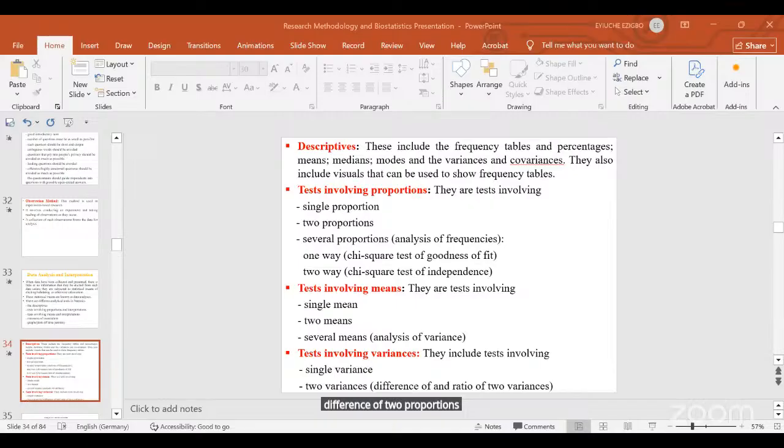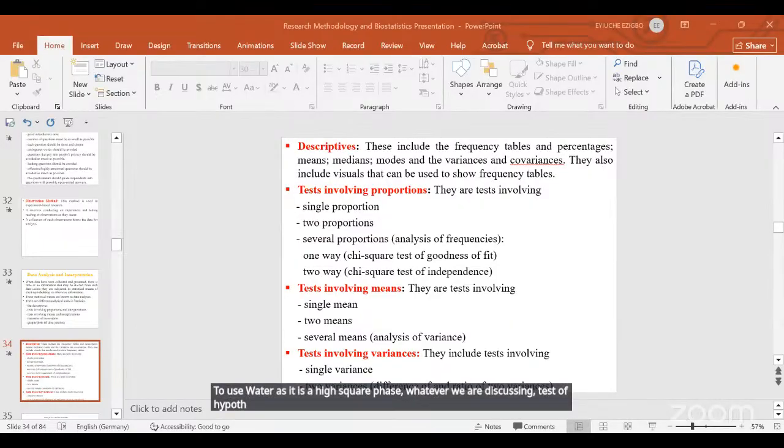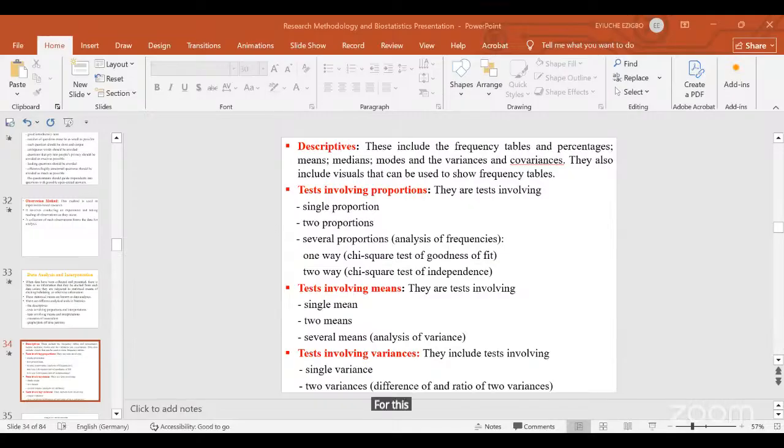But when we come to tests of hypothesis involving several proportions, we use what we know as chi-square. Whenever we are discussing tests of hypothesis involving several proportions, then the statistical tool to be used is what we know as a chi-square test.